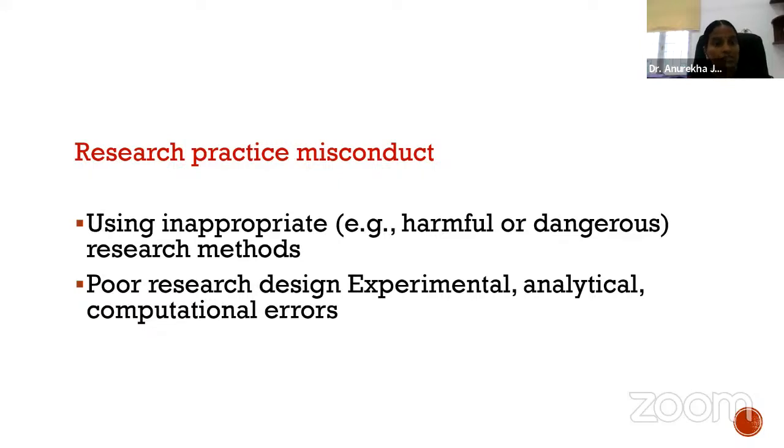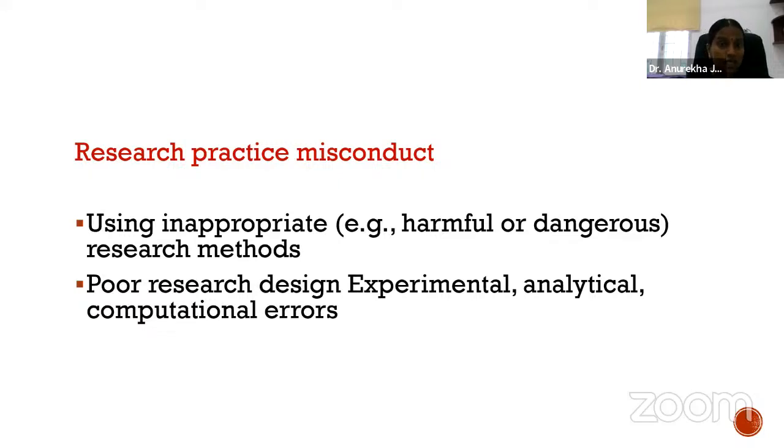And also, if the research design is poor, like there is a proven benefit of the treatment, and you're going to do an experimental or an analytical study or a randomized controlled trial in which you employ a placebo. You know that the treatment is going to be of a proven benefit, but you employ a placebo. That is also a misconduct.